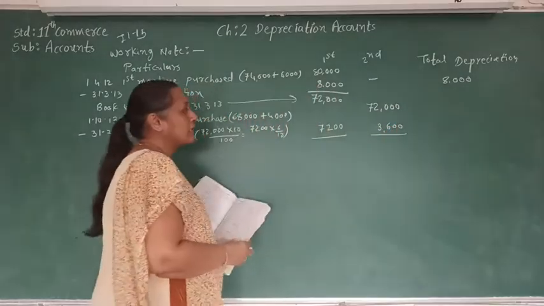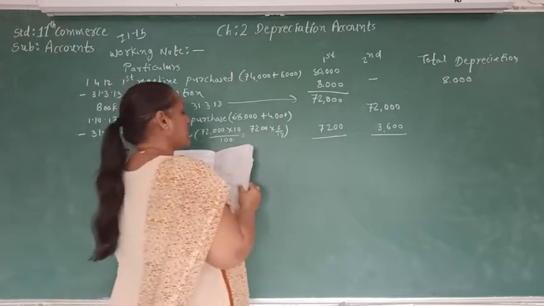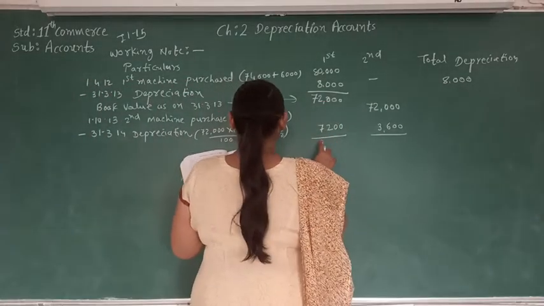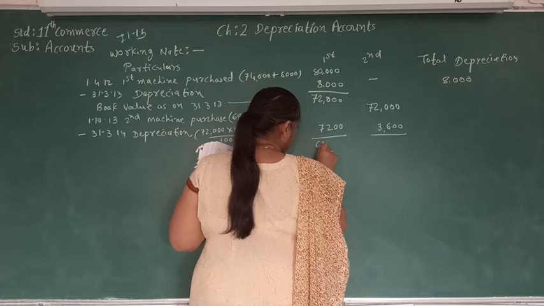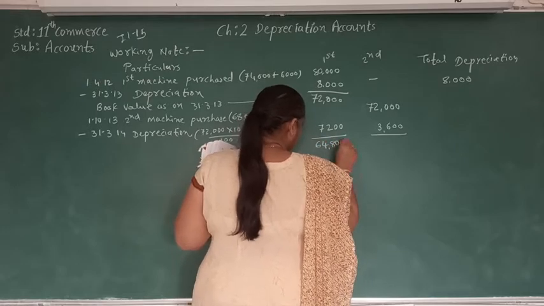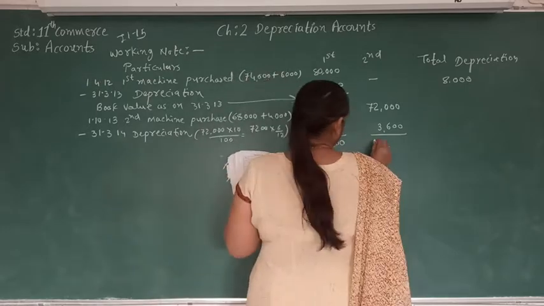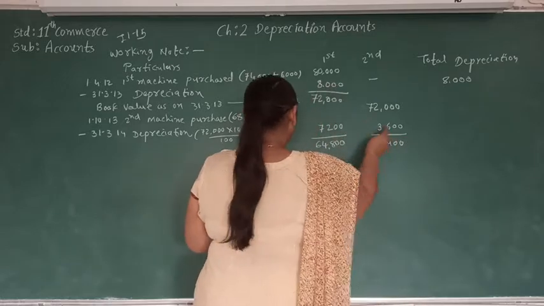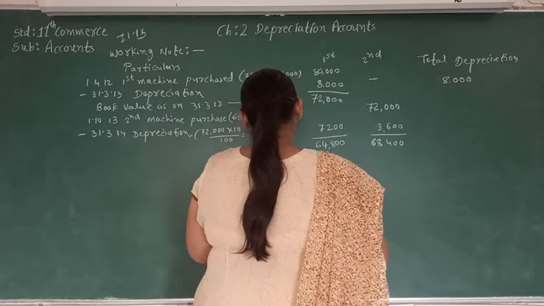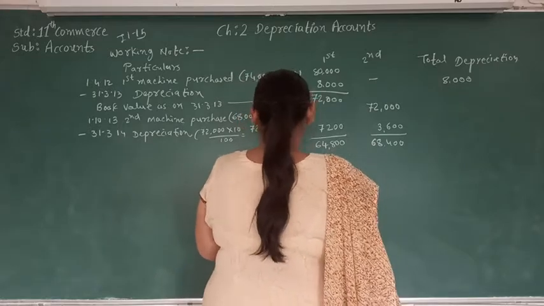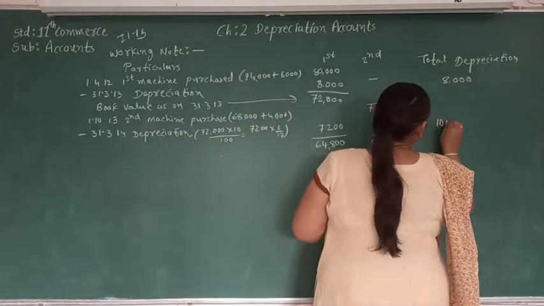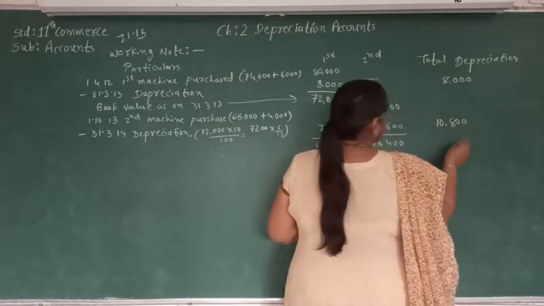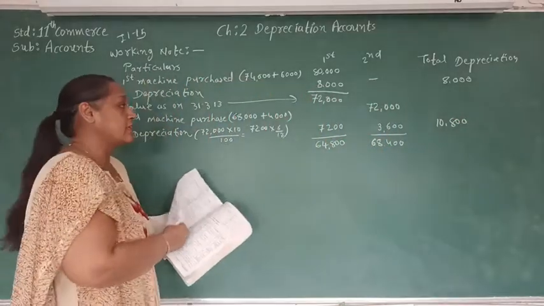Now from 72,000 if we deduct 7,200, that will be 64,800, and here 68,400. The total depreciation will be 10,800. So this is the total depreciation for the second year.